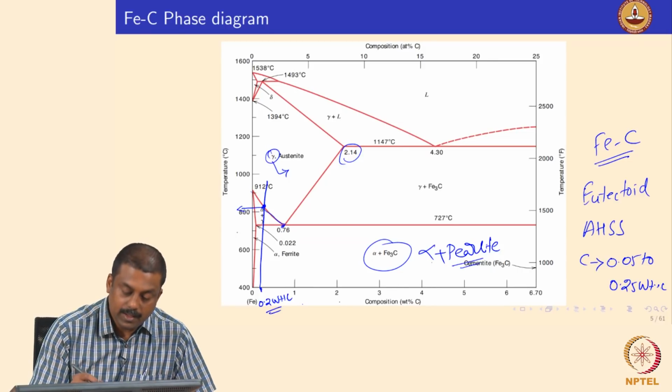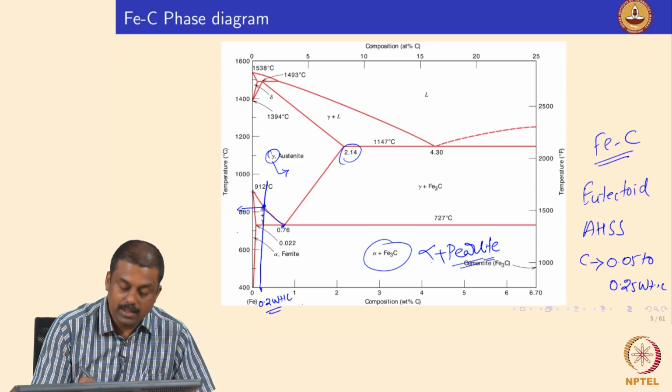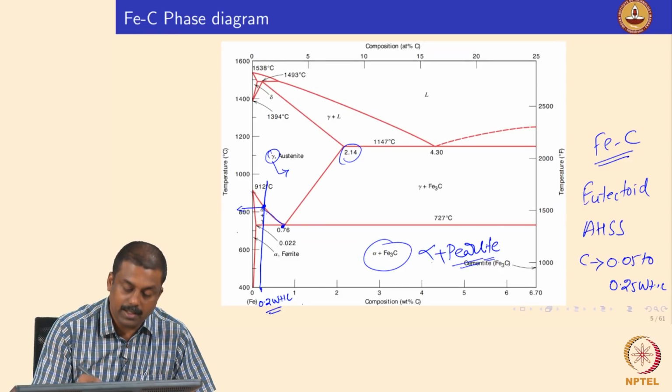Whatever ferrite forms before the pearlitic reaction is known as pro-eutectoid ferrite, because it forms before the eutectoid reaction.